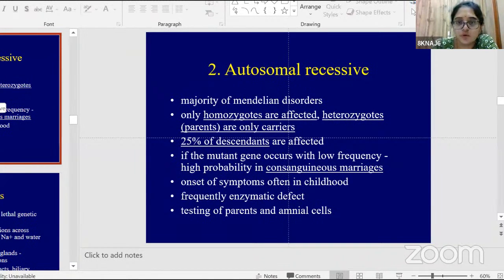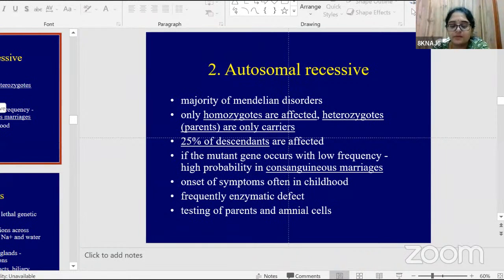Only the homozygotes are affected. So the parents are carriers. If a parent is a carrier, one allele is the affected gene and one allele is normal.